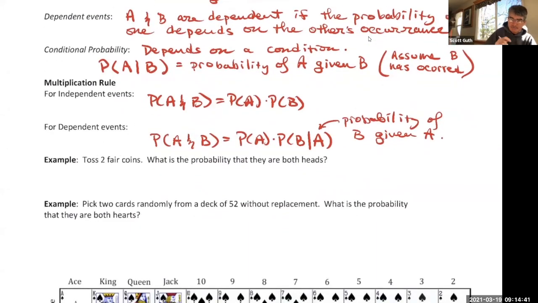Okay, so it says toss two fair coins. What's the probability that they're both heads? Okay, so A, let's say first is heads. And then B will be the second is heads.